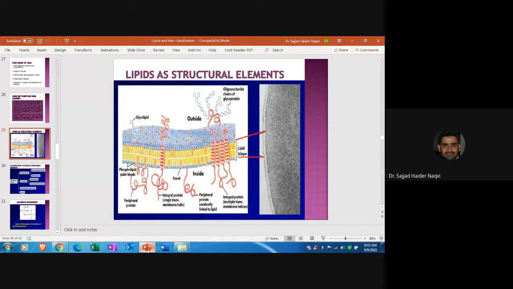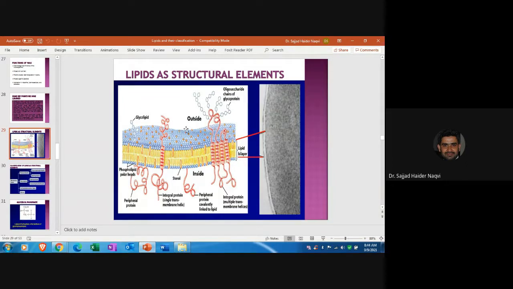So you can see the picture of a membrane in front of you. I won't go into much detail, but just a couple of points in this diagram. You can see that this membrane is a lipid bilayer structure. So it has two lipid layers. The way the lipids are arranged is very important.